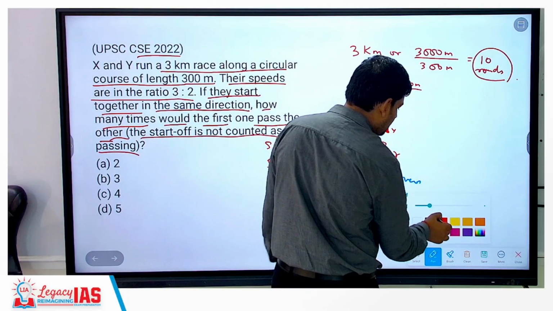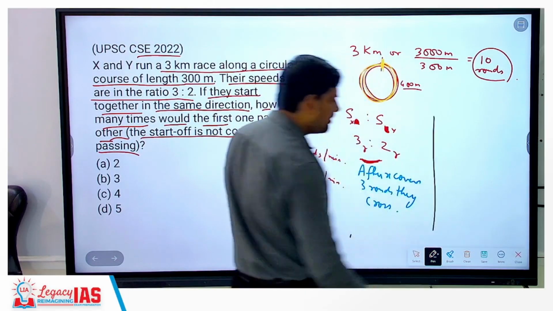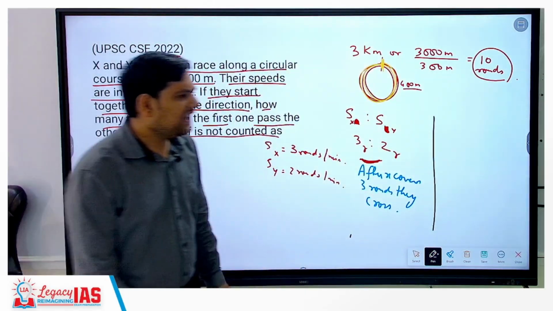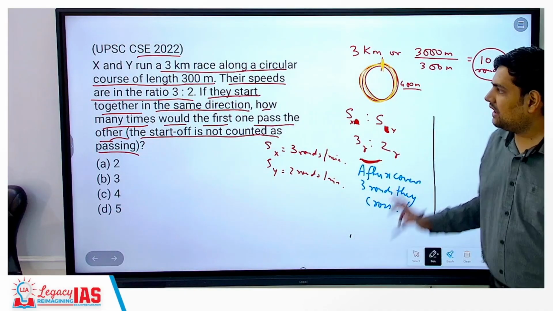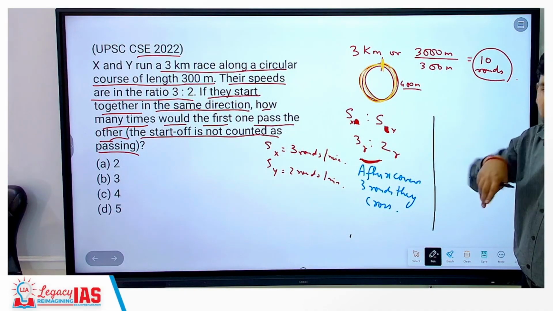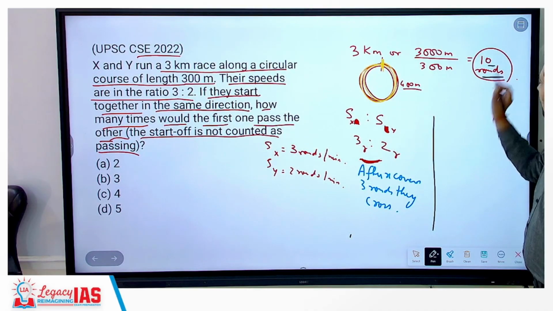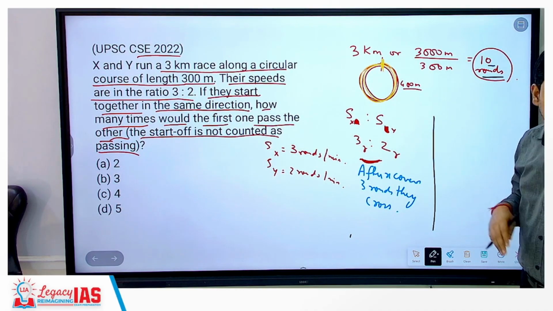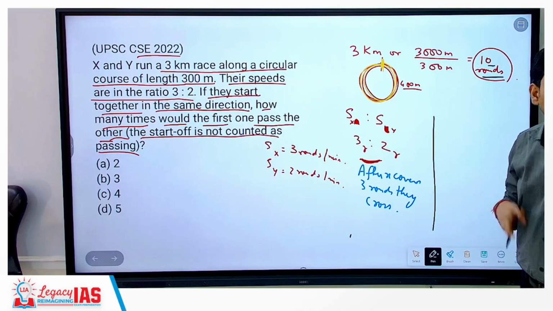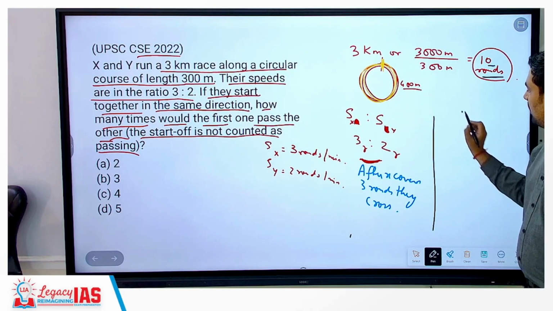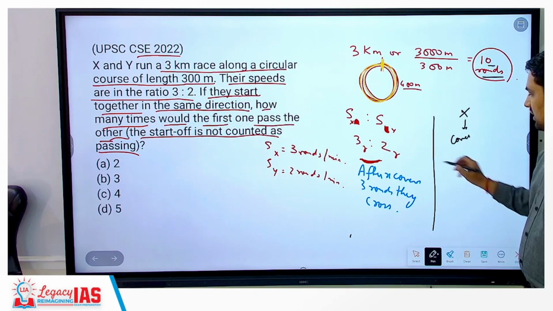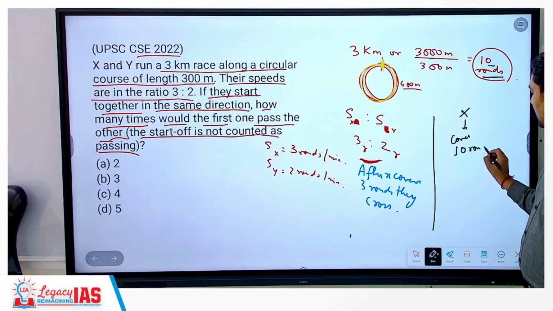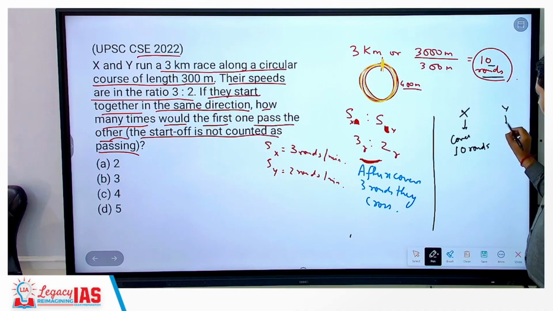Then the question is, how many times will they cross in the entire race? Now entire race means what? If they both are running for 3 kilometers, that means they will go for 10 rounds. If one of them reaches the end point, you won't call that crossing. So because x is faster, I want x to cover 10 rounds, and in that time I'll see how many rounds y covers.